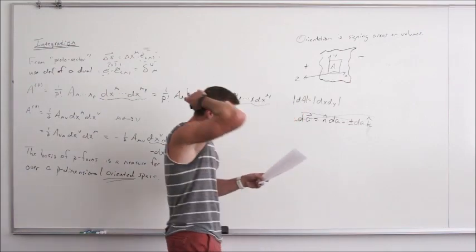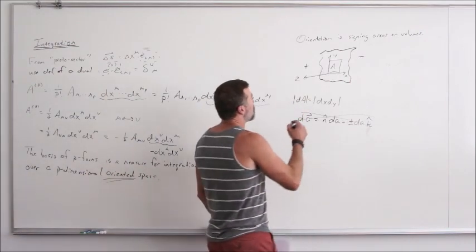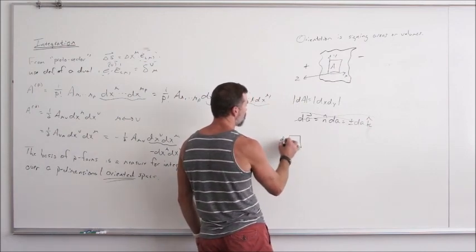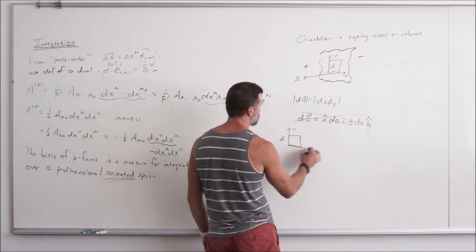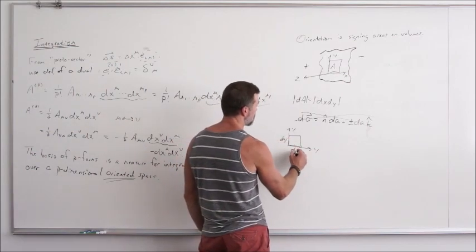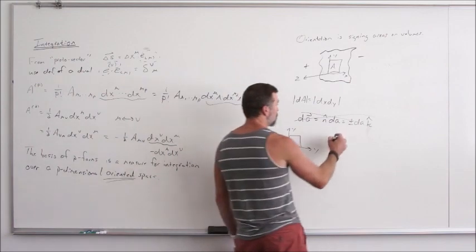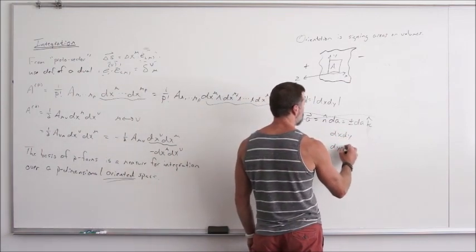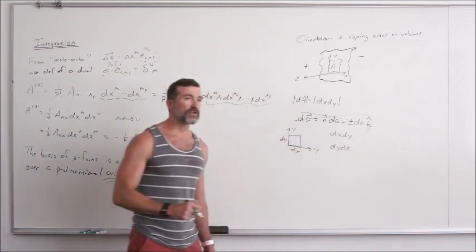Well, the good news is we don't even need it, because if I consider a differential volume and I've got an x and a y coordinate system, forget about z, so I've got some dy and some dx, then I can just use the order of the differentials themselves to provide my orientation.